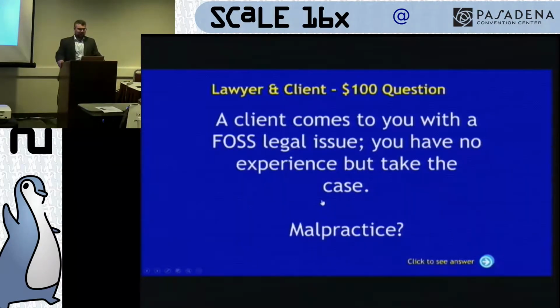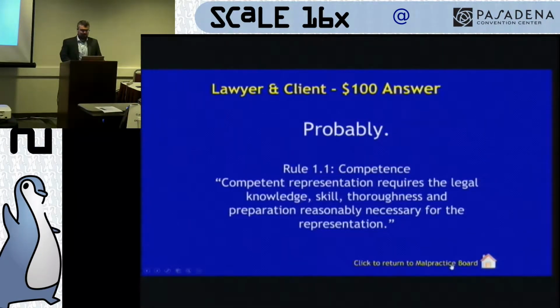Client comes to you with a free and open source software legal issue. You have no experience, but take the case. That's correct. Textbook answer.